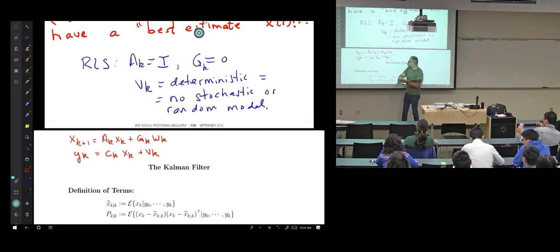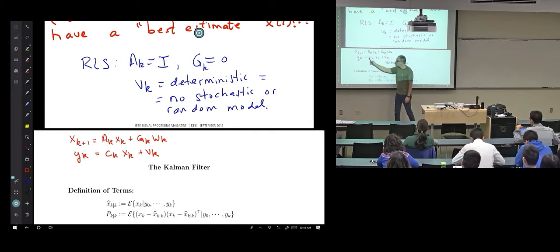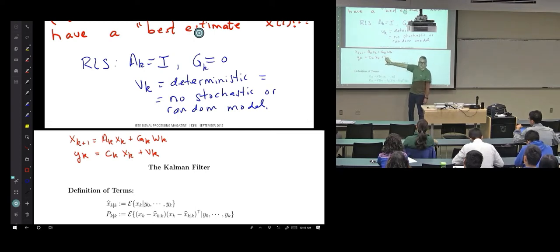We had a measurement that was assumed to be deterministic. We didn't have a description of how the perturbations in the sensing arrived. All we knew is, in general, we never had an x such that y minus Cx equals 0, and we just tried to find the best estimate of x to make the measurements consistent. What we were really doing is minimizing how much we had to fudge the equations in order to make them consistent.